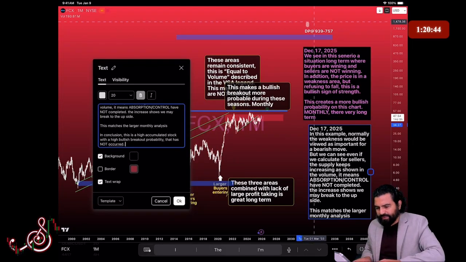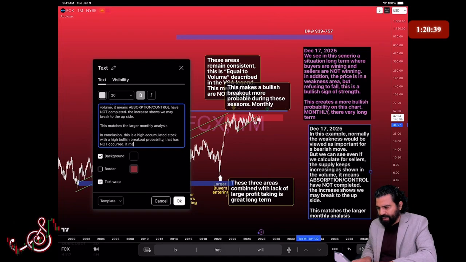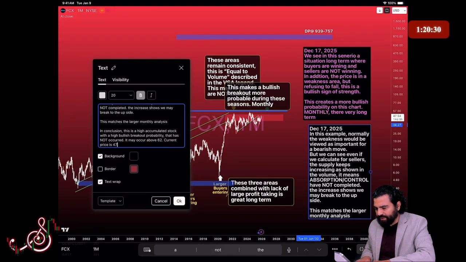It occurs above, and the prices are primarily 62. It may occur above 62. Current price is 47.